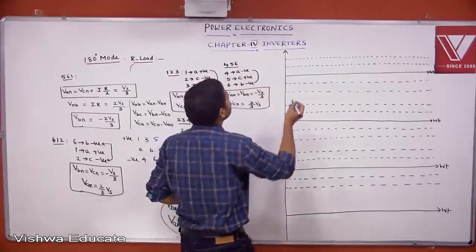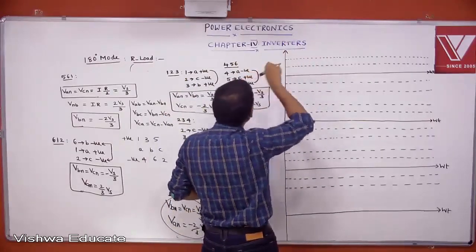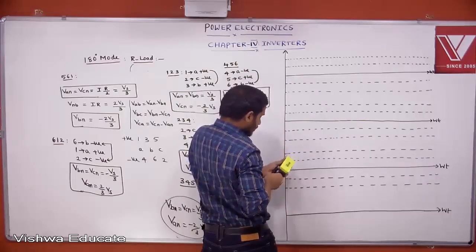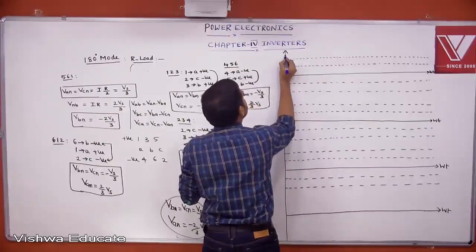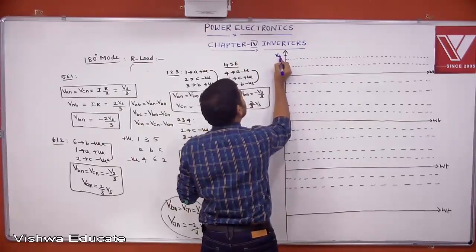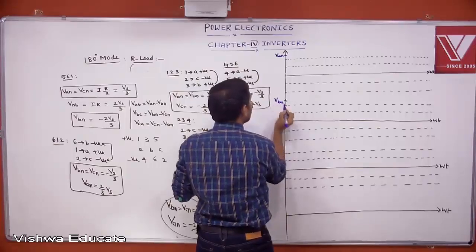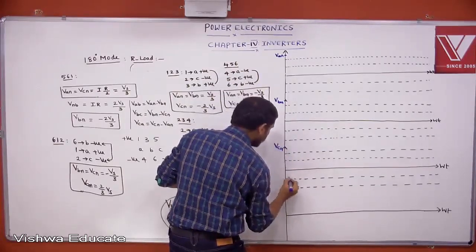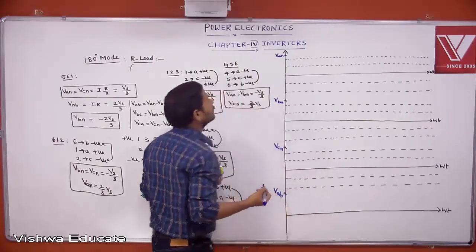Concentrate on three phase voltages, waveforms, one line voltage waveform I am drawing. This is VAN, this is VBN, and this one is VCN, and this is VAB.